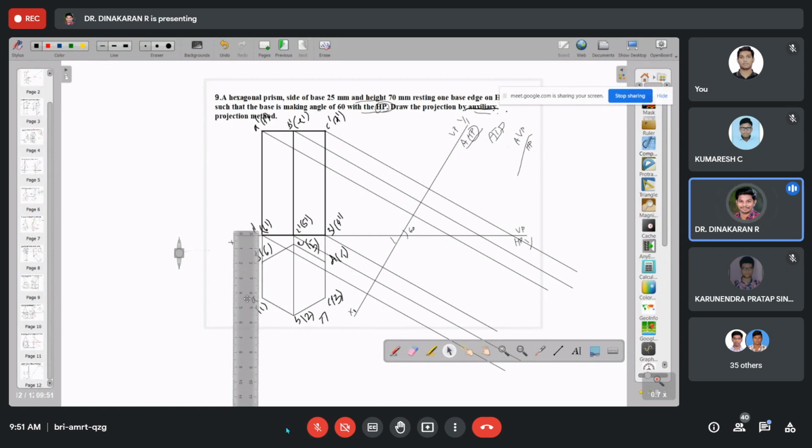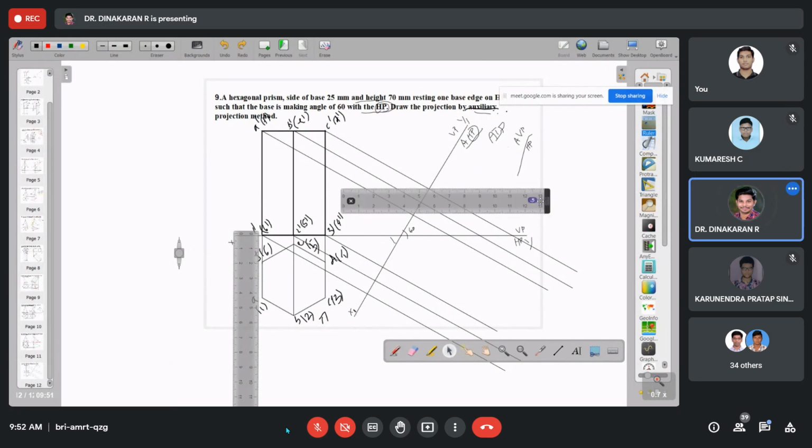Before that, for your identification, you can place a mark, A1, B1. Otherwise, you can place a point, any one of the points, for easy identification.